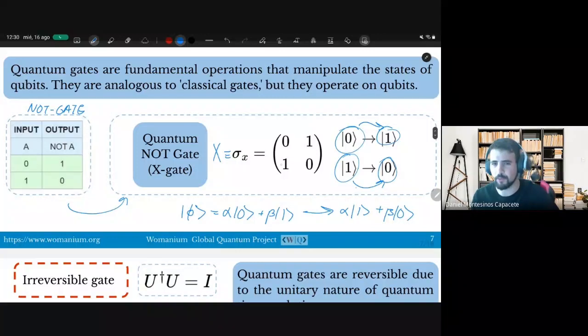And remember, every time we are writing a matrix, it is written in a certain basis. So this matrix is written in the 0, 1 basis of our qubit Hilbert space.